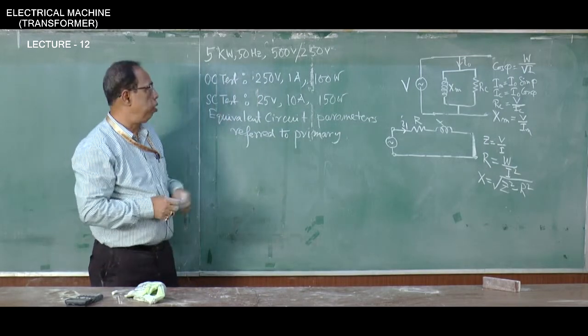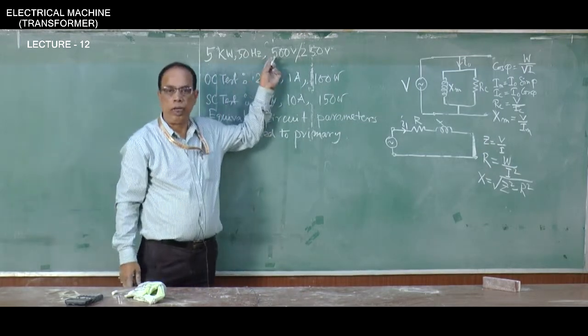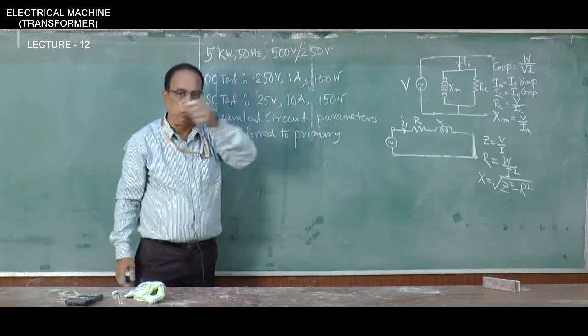So, what is primary? Primary is the 500 volt side, secondary is the 250 volt side.